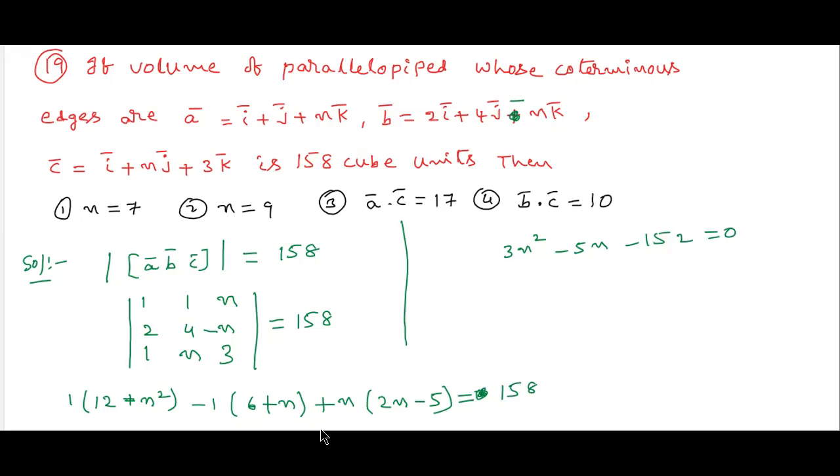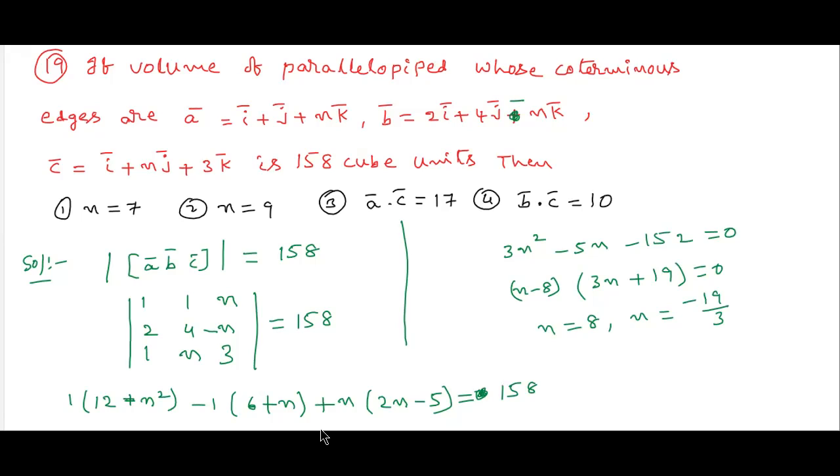So split into factors. We get n minus 8 into 3n plus 19 is equal to 0. Here we get n value is 8 and n value is minus 19 by 3. So here the first and second options are clearly wrong.